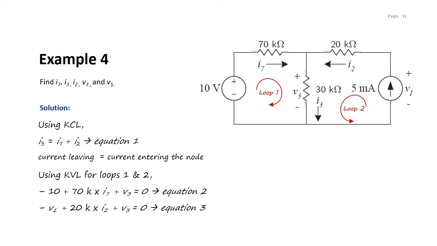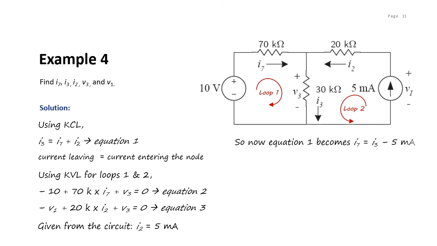As I go along, I can see that there is another equation we can use. From the circuit itself, we can see that I2 equals 5 milliampere. We can substitute this given information into equation 1, and now equation 1 becomes I7 equals I3 minus 5 milliampere.